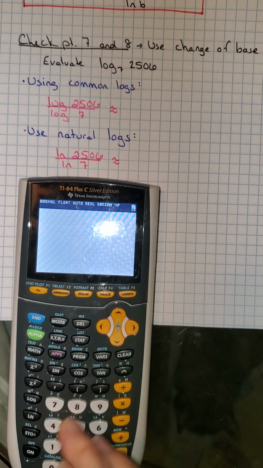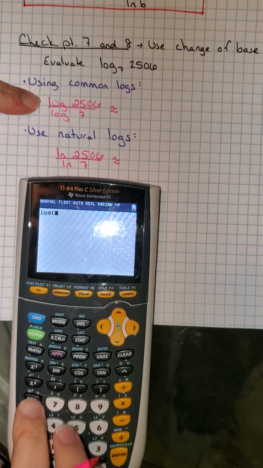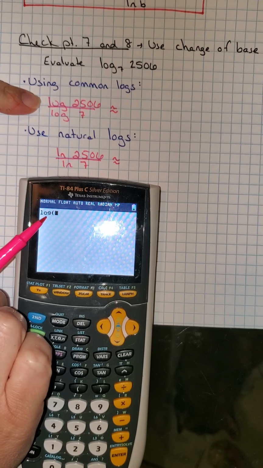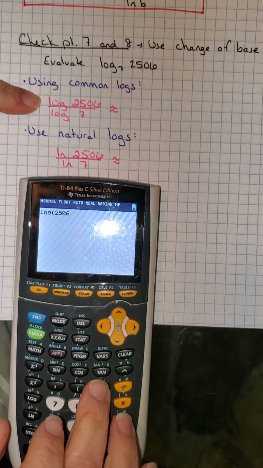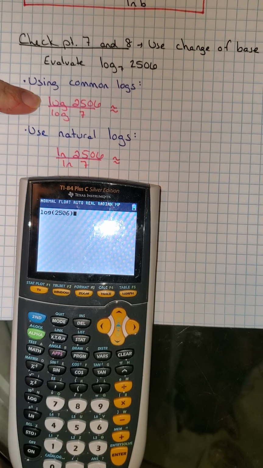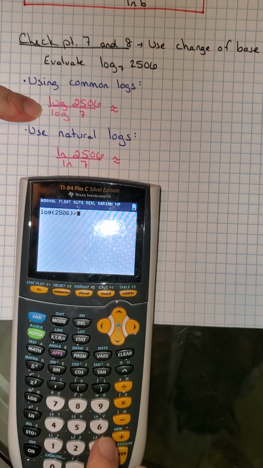Okay, so for this one you have the log, and it opens a parenthesis for you. That's important. Log of 2506, you have to close that parenthesis. There are scientific calculators that do that too. And then divide by log of 7. You don't have to close that one.